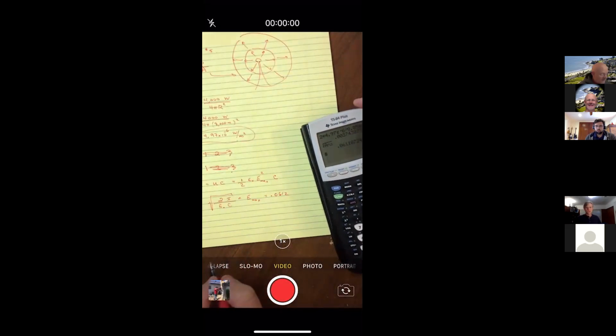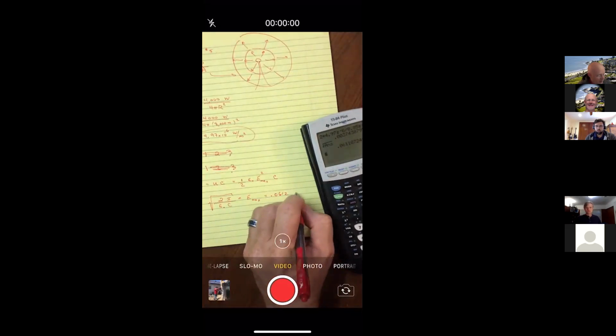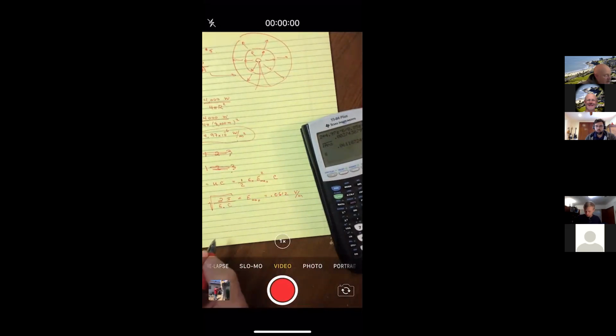And it's an electric field, so this should be volts per meter.